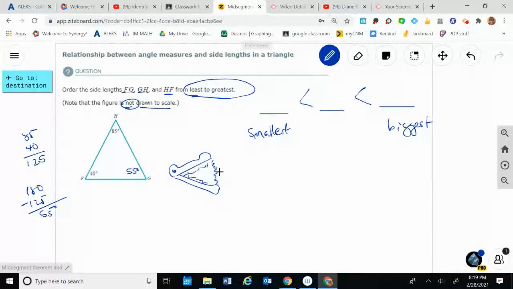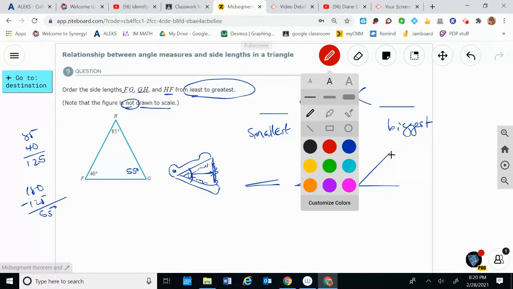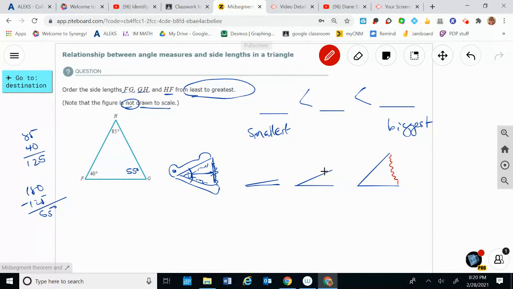This angle is going to reflect this side. As this angle opens, the opposite side gets greater. This opposite side is getting longer as the angle opens.